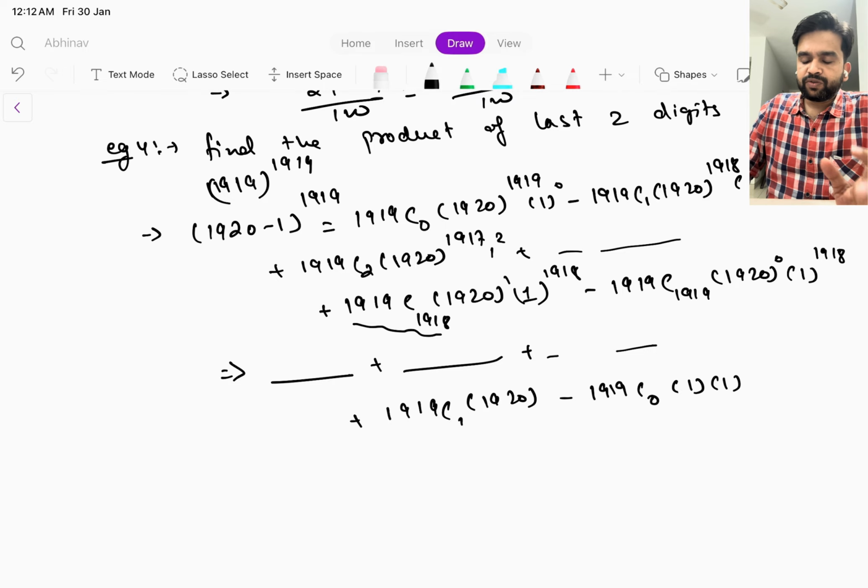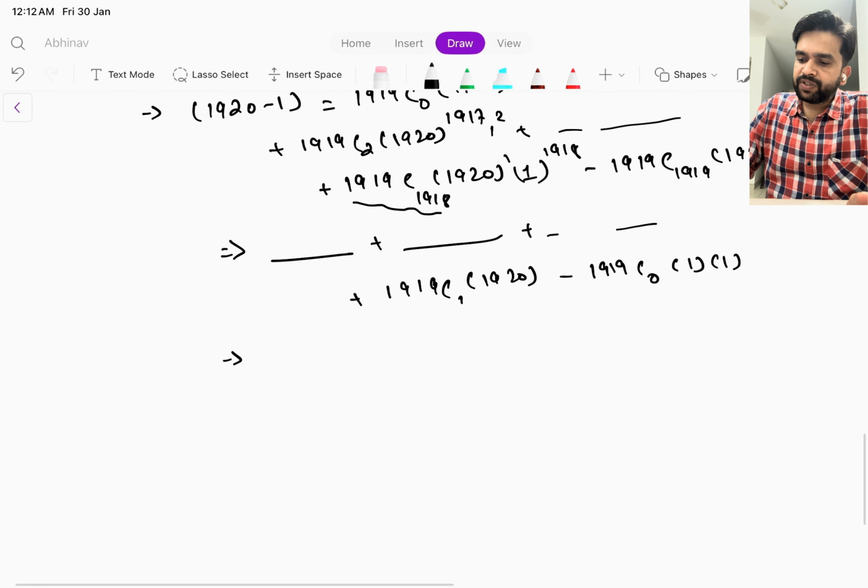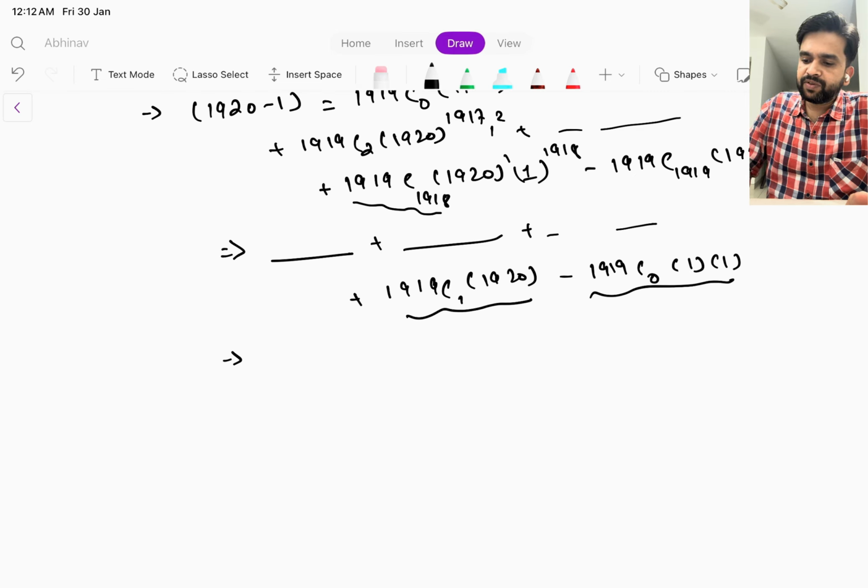So in order to find the last two digits, we need to focus on the calculation of these two numbers. These two numbers will give me 1919 into 1920 minus 1. So we need to calculate the last two digits of this number.